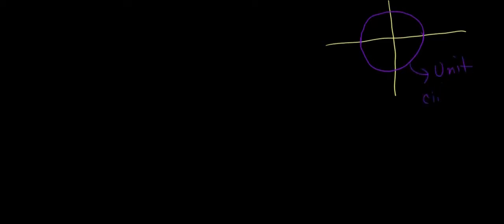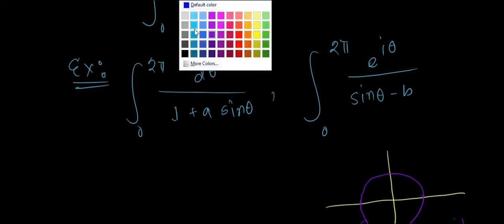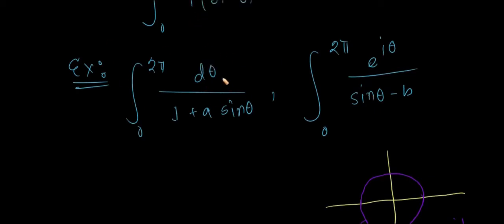That means the radius is 1, and this circle is parameterized by z equals e to the power i theta, since the radius is 1. And now the first thing we are going to do to evaluate this integral, let's say we are going for this integral over here.